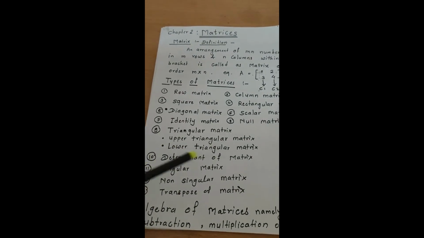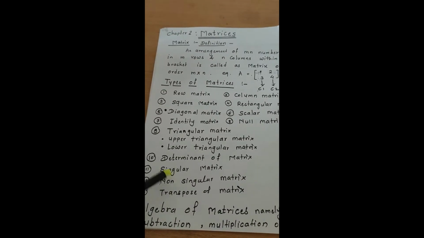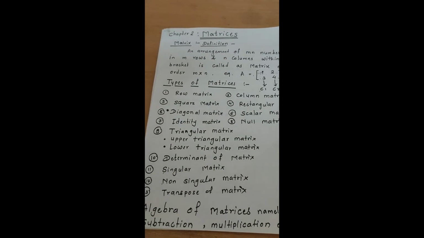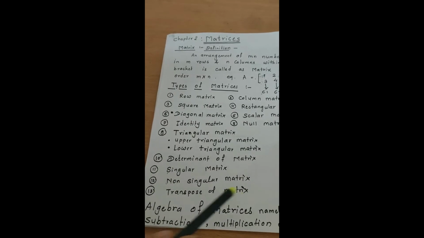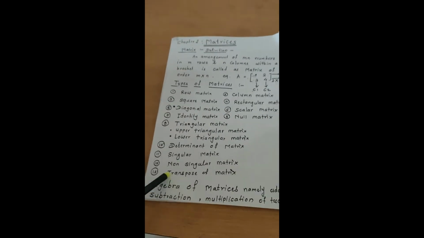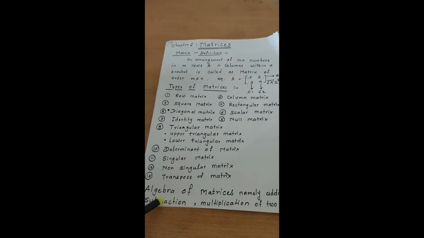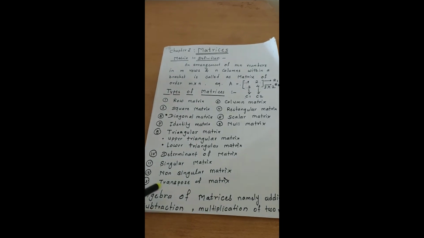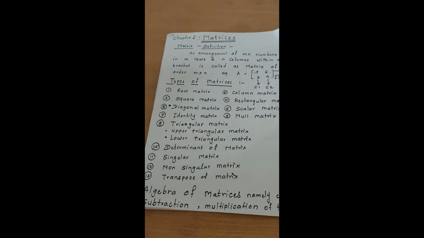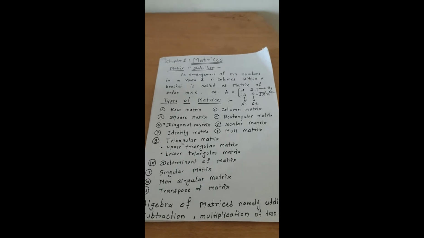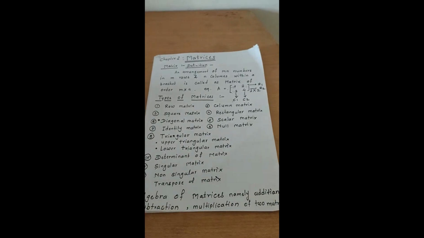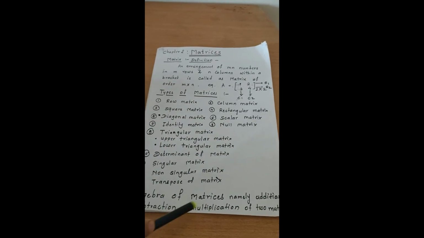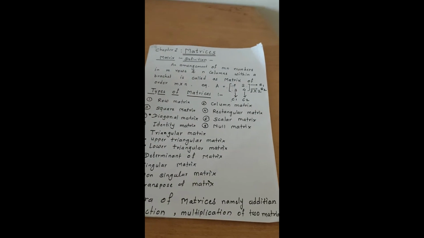Next are determinant of matrix, singular matrix, non-singular matrix and transpose of matrix. Transpose of a matrix is obtained by interchanging rows and columns of the given matrix. Also, we have studied the algebra of matrices such as addition, subtraction and multiplication of 2 matrices.